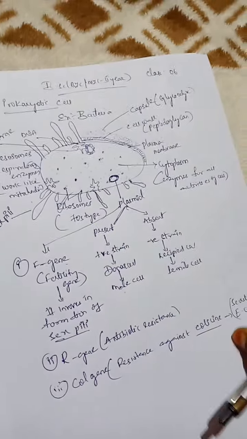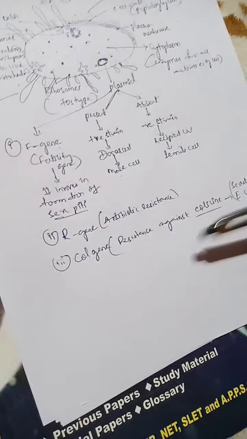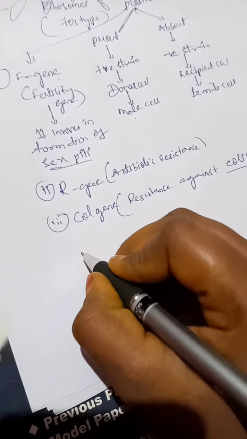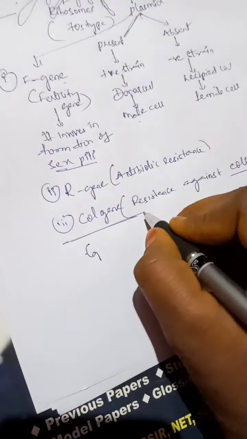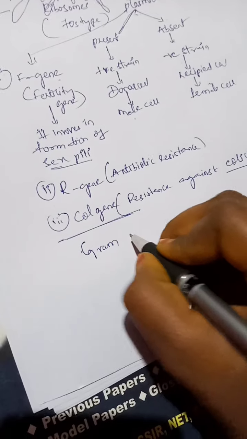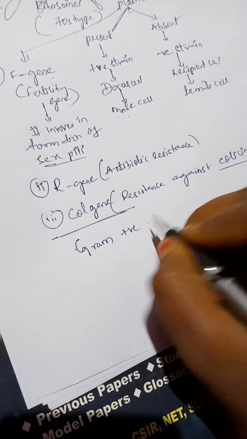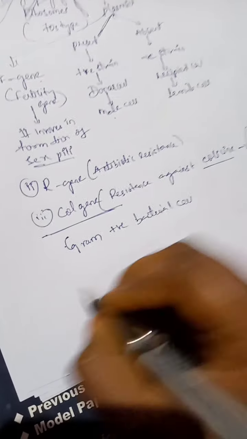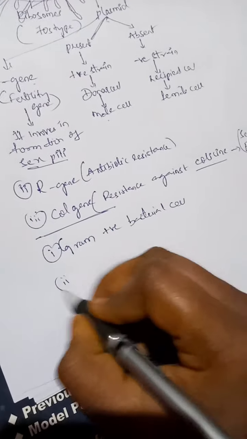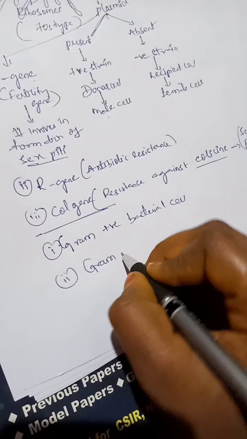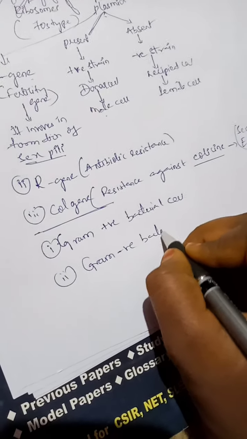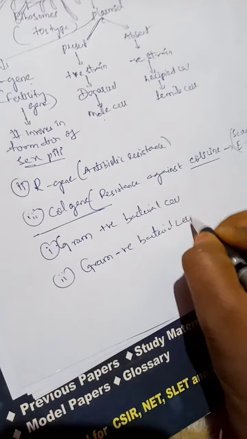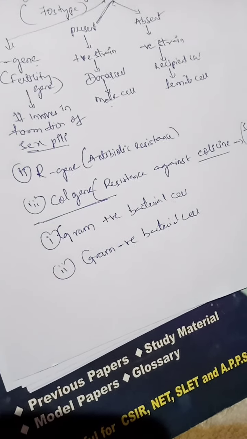Apart from all these, we have to discuss one thing here: gram positive bacterial cells and gram negative bacterial cells.